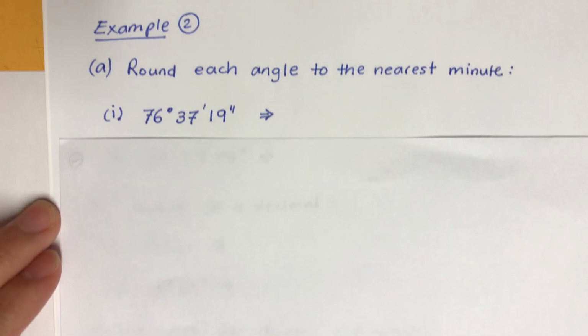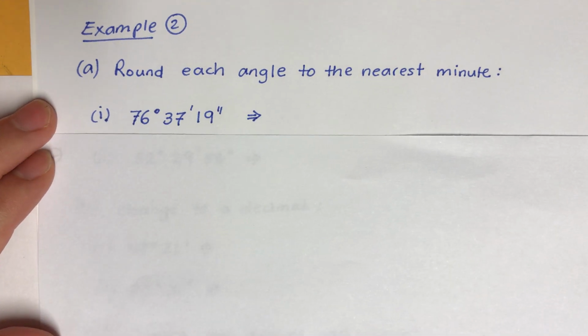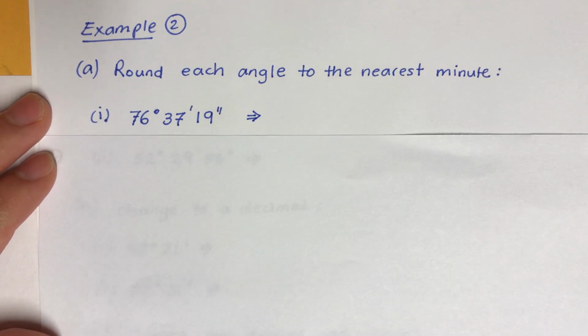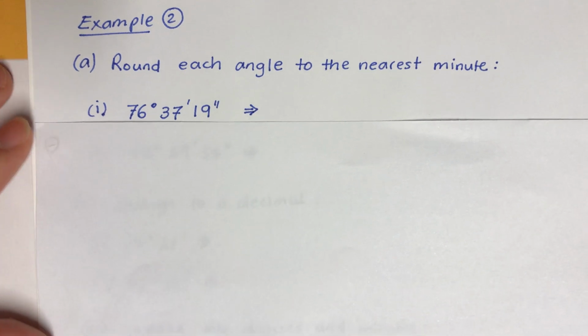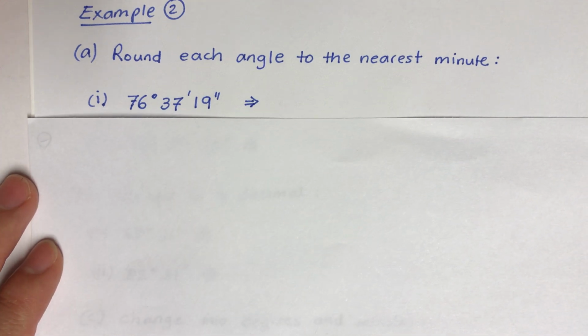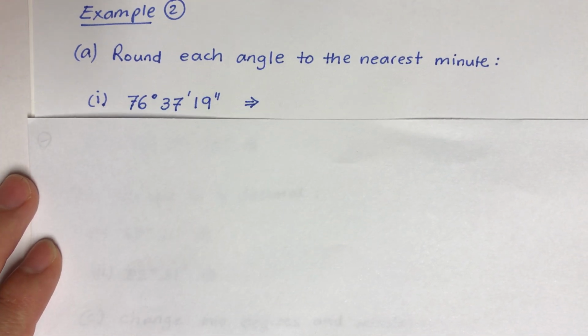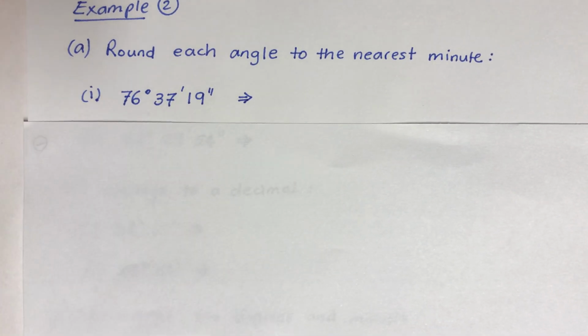Let's have a look at example 2. We're going to round each angle to the nearest minute. Part 1 says 76 degrees, 37 minutes and 19 seconds. I need to simplify this to the nearest minute.